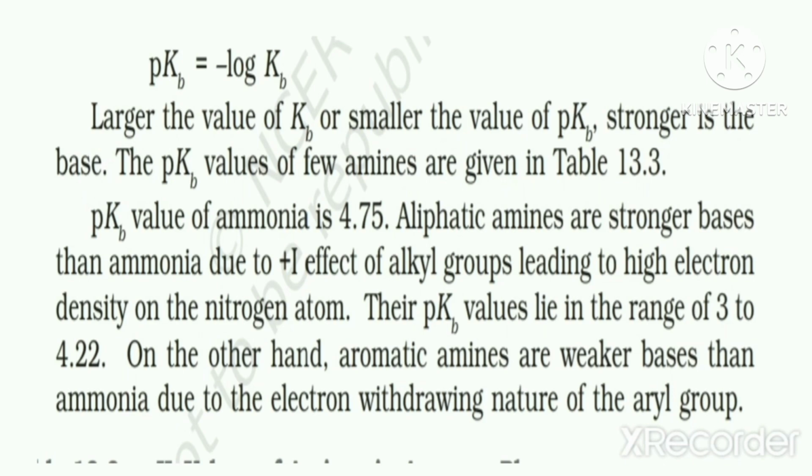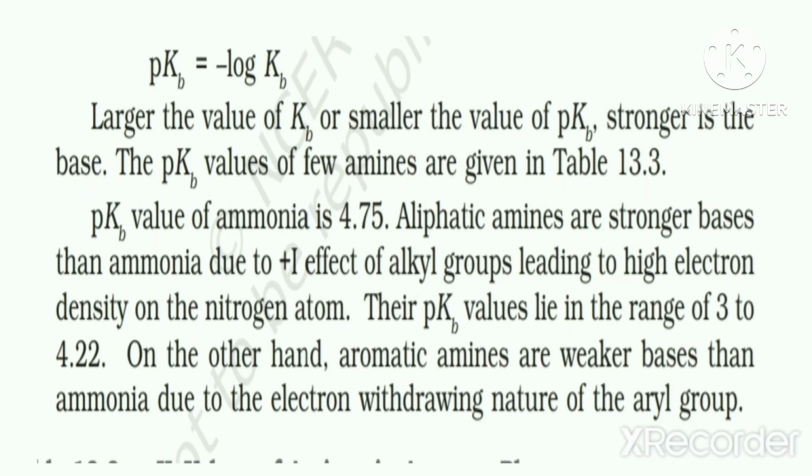The pKb values of a few amines are given in the table. The pKb value of ammonia is 4.75. Aliphatic amines are stronger bases than ammonia. Why? Due to the positive inductive effect of alkyl groups, which increases the electron density on the nitrogen atom.